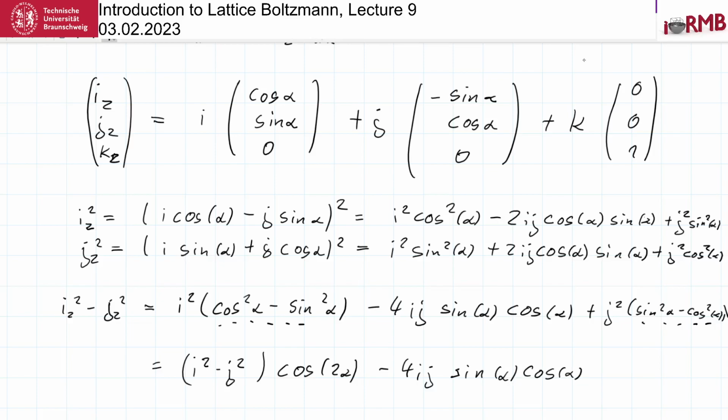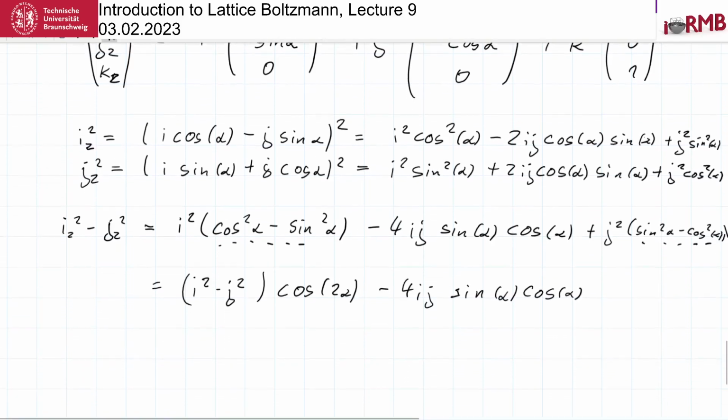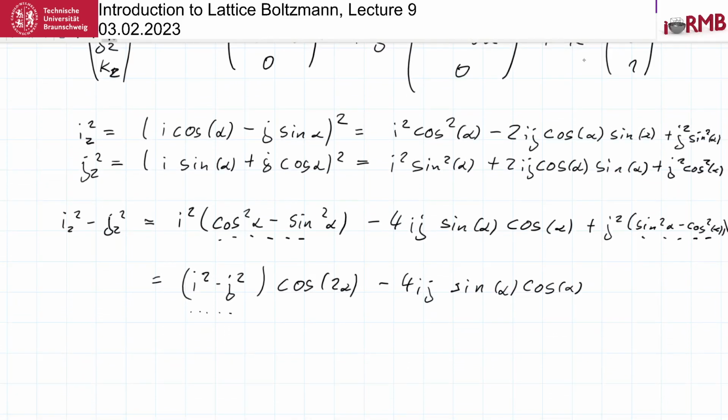So what do we know now? We see that this here gives you the original moment with which we came in. Suppose our rotation angle is 0, then of course we get the original moment back, because cosine of 2 times 0 is 1, and sine of 0 is 0, so this will disappear.